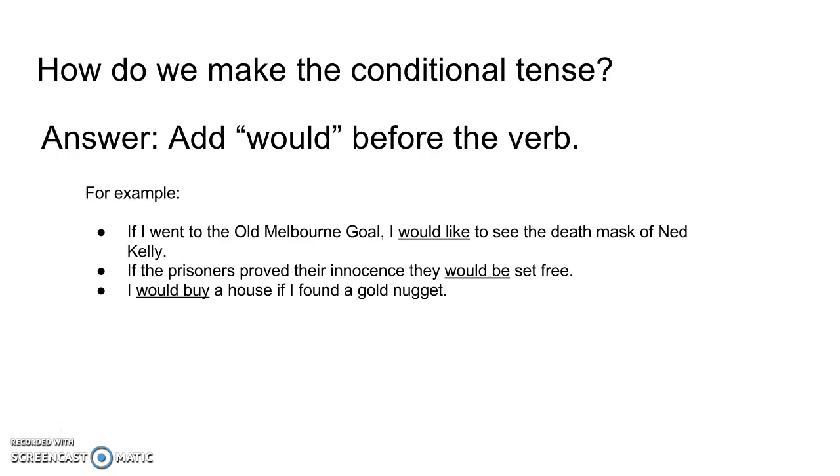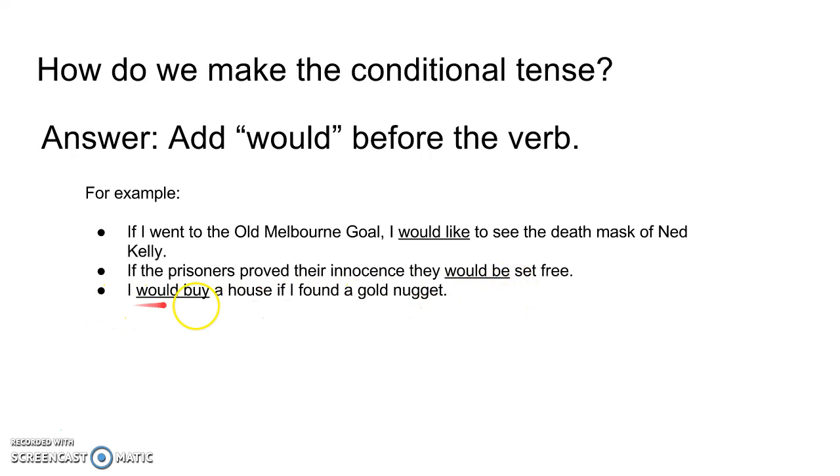These are all examples of would. But look at this one. There's if at the beginning, followed immediately by the past simple tense, and then the next clause is would. If followed immediately by the past simple tense, followed by would.